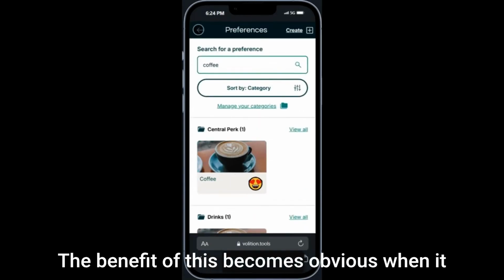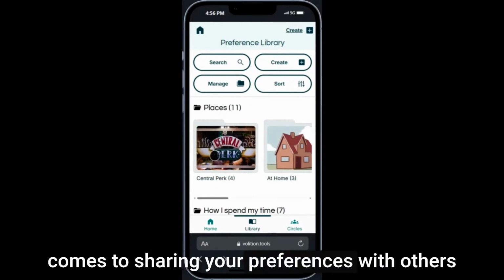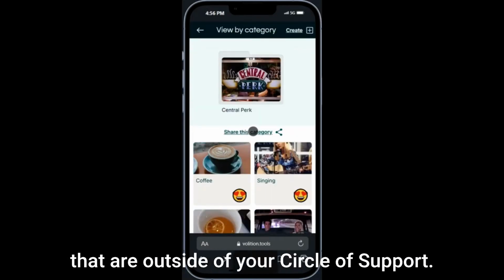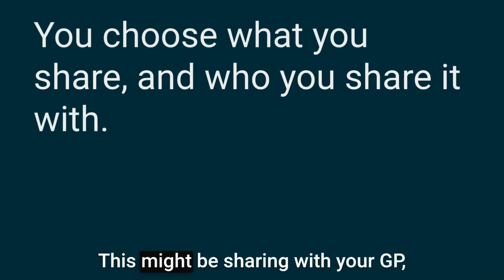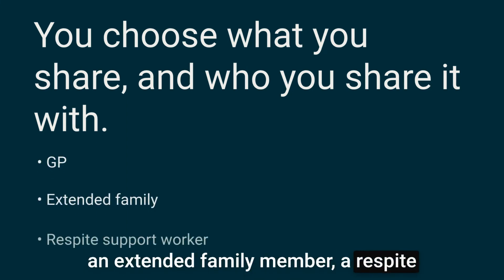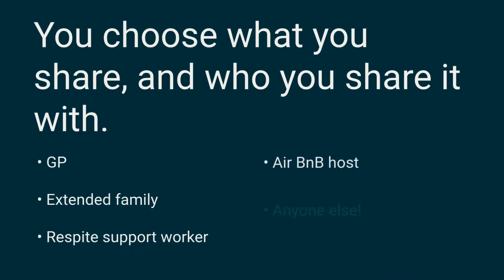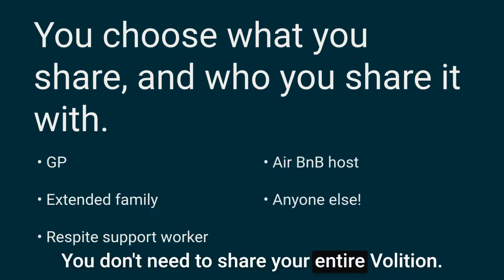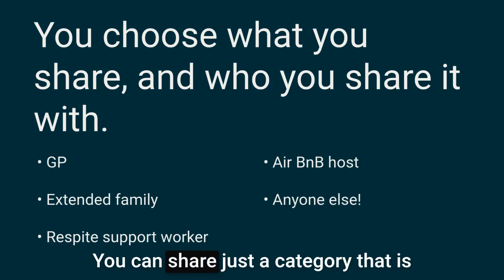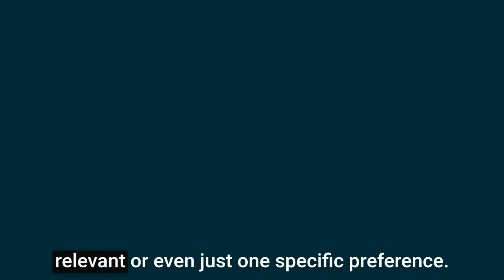The benefit of this becomes obvious when it comes to sharing your preferences with others that are outside of your circle of support. This might be sharing with your GP, an extended family member, a respite support worker, or even an Airbnb host. You don't need to share your entire Volition. You can share just a category that is relevant, or even just one specific preference.